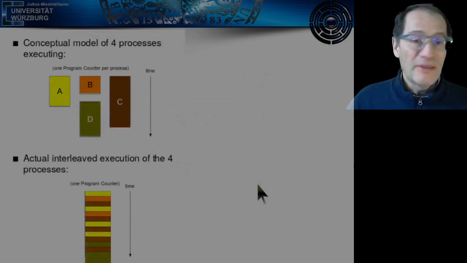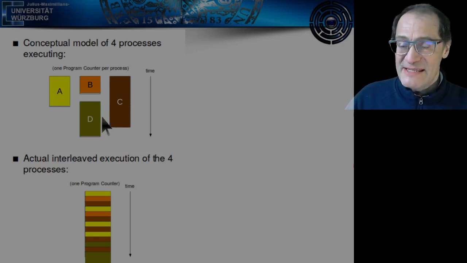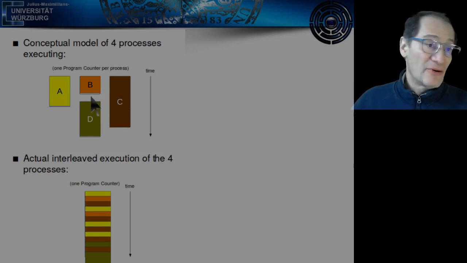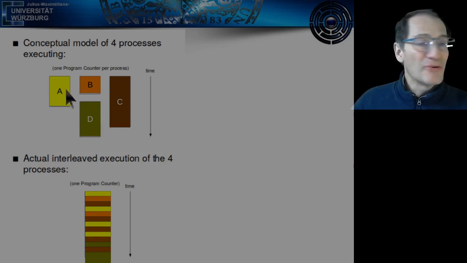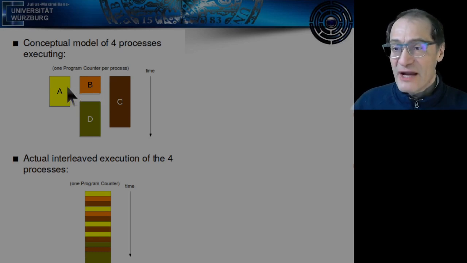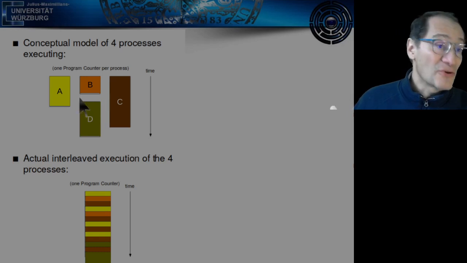Okay, now the processes. Let's say we have 4 processes, A, B, C, and D. And we have as much memory or resources that we can execute at most 3 of them at the same time. So we allocate A, B, and C, and D has to wait until one concluded.